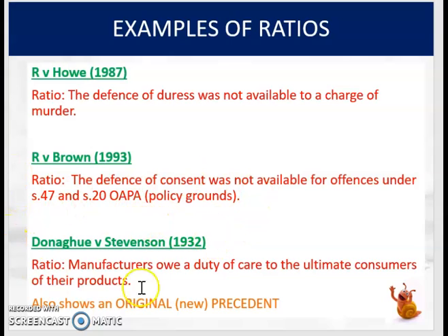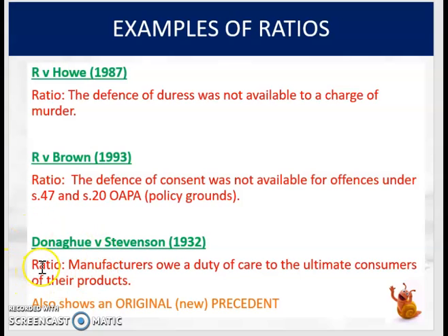And Donoghue v Stevenson is a really important case that we'll look at next year. And the ratio here was that manufacturers owe a duty of care to the ultimate consumers of their products. I could have chosen any of the cases we've studied here to give you examples of ratios, but I've chosen these ones because they're very famous cases, they're very important.